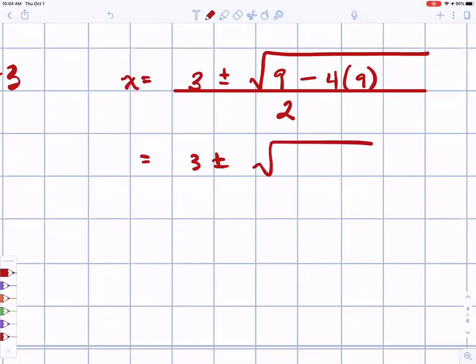So we have, let's see, 9 minus 36, and 9 minus 36 is what, negative 27? Okay, I'll come back to that, and I'll go ahead, all over 2. You know you can't leave it like this, okay? How is that root negative 27?